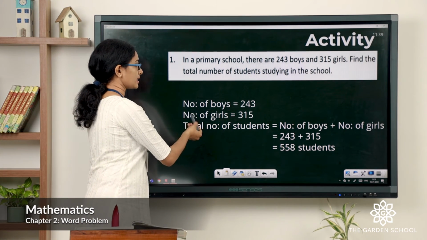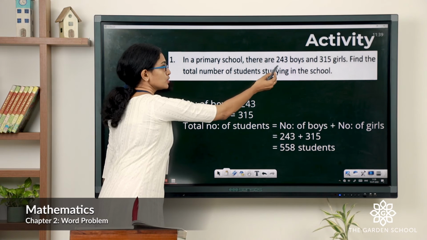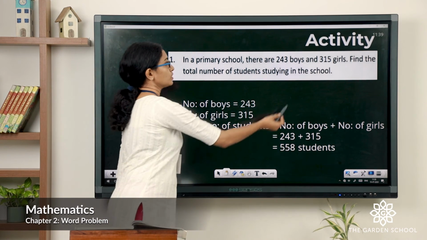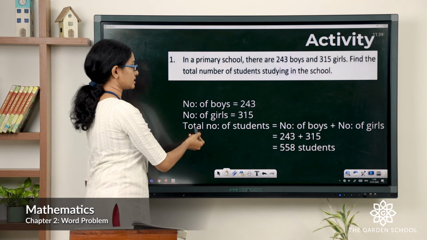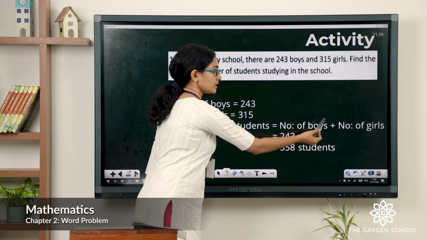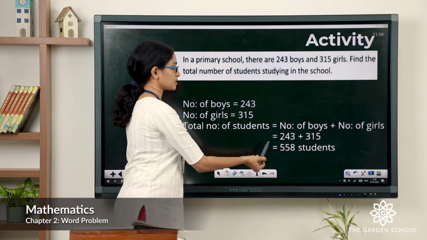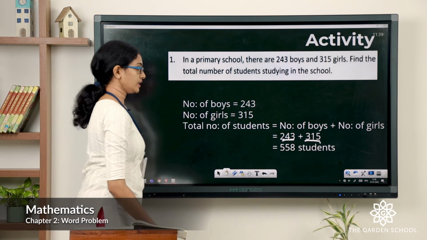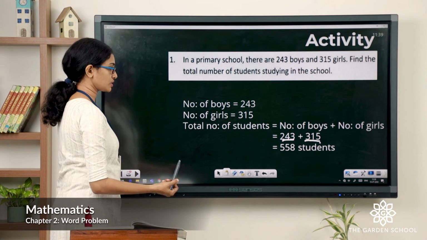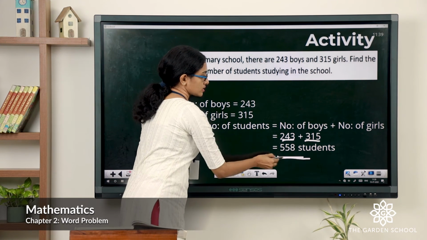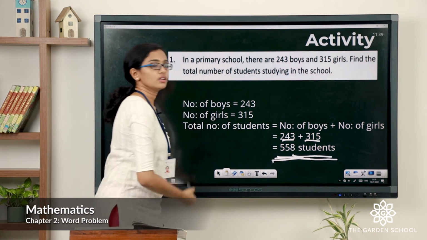We can write number of boys equal to 243 boys, number of girls equal to 315 girls. The total number of students equal to number of boys plus the number of girls, which is equal to 243 plus 315. Let's do the calculation, which gives the answer as 558 students. You can double underline your answer.